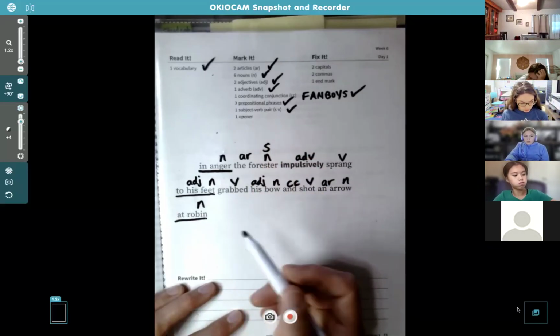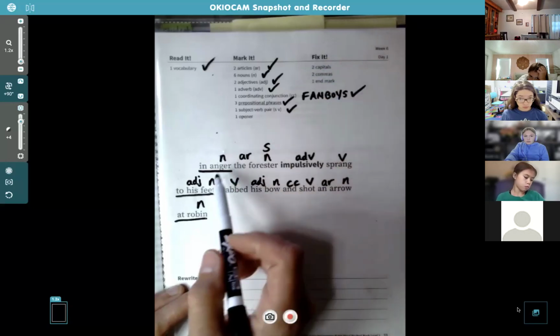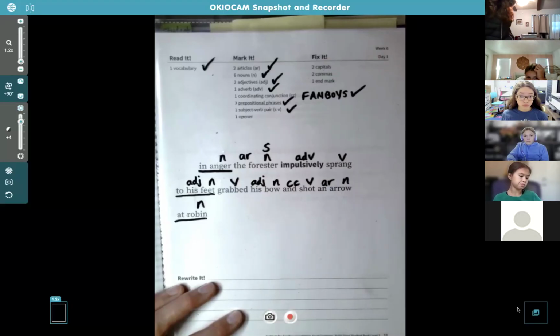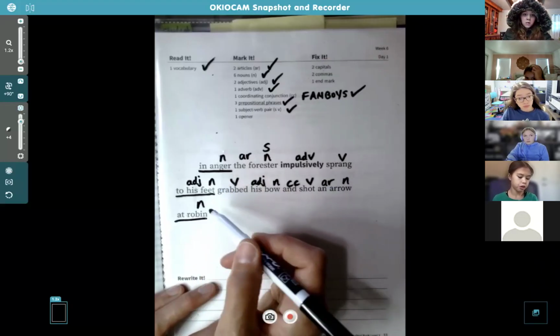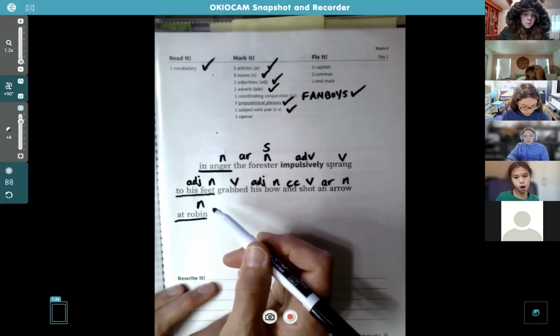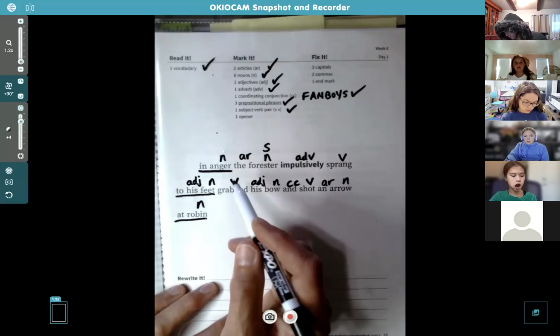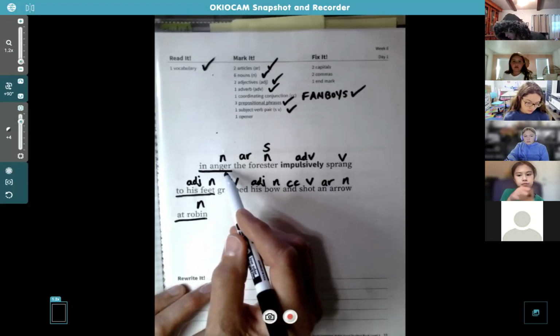There is one opener, Eliana. What kind of an opener do we have here? In a... Yeah, what kind of an opener is that? Well, it's a prepositional phrase, right?